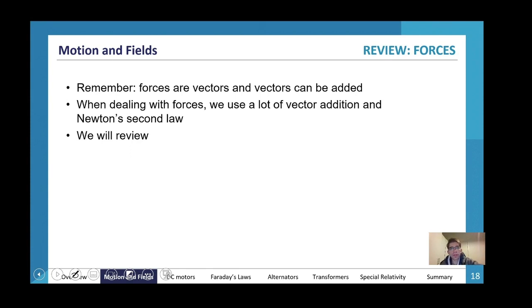Now, remember that forces are vectors, and vectors can be added.